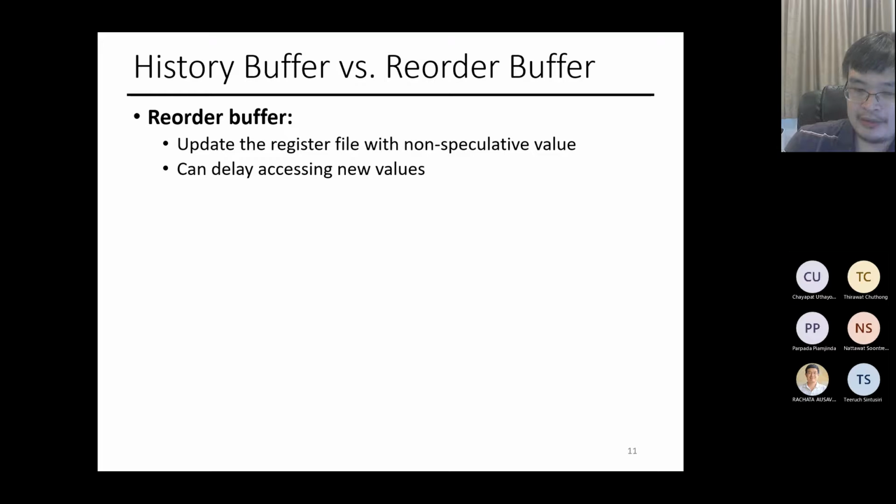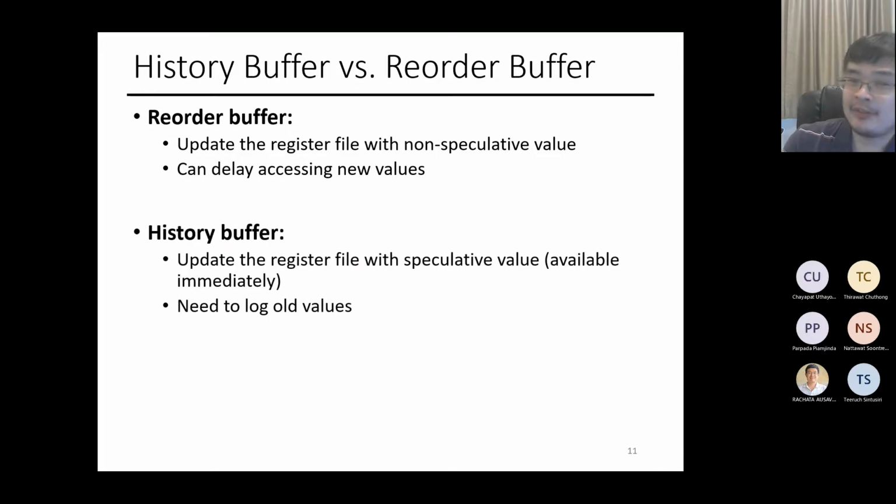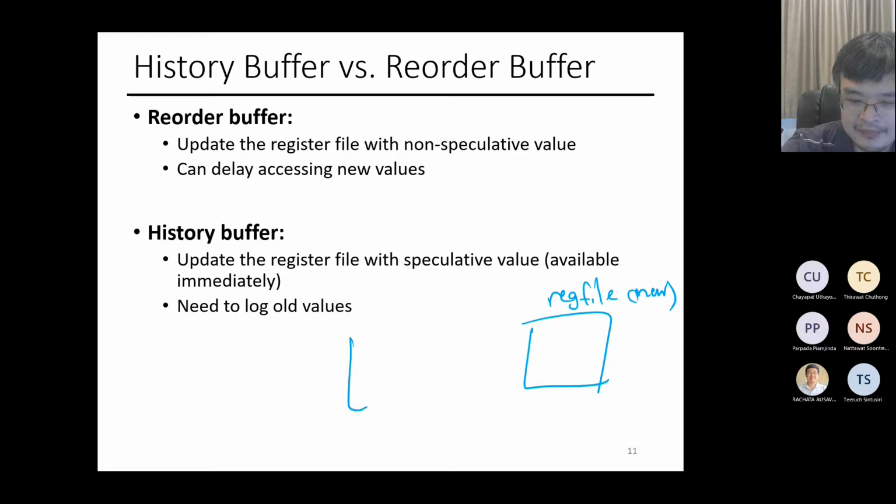If you only use the reorder buffer with register renaming, you can only update the register file non-speculatively. Basically, you can't do much. You can't go to the next version because you need to keep the precise exception going on. If you have the history buffer, you have the register file, which is the new version, and you have the history buffer, which is the old value.